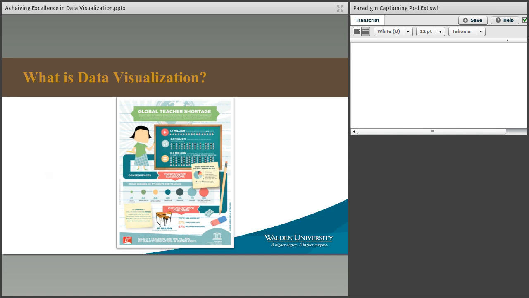Next slide, please. So I'm in the field of education, and I went out on the web and found this particular one-page graphic that is an example of data visualization that we might find. You don't have to be able to read all the specifics on this, but you can see at a glance that this one is showing the global teacher shortage.